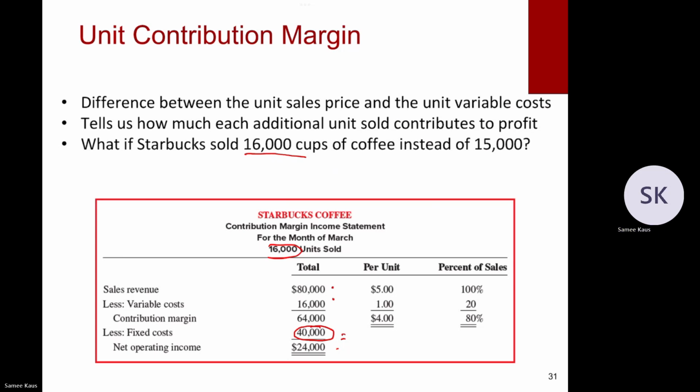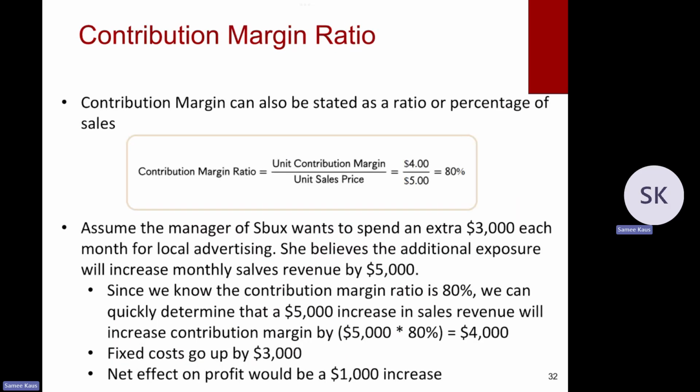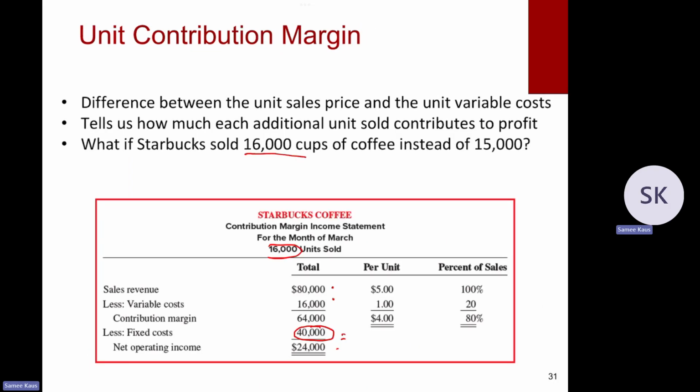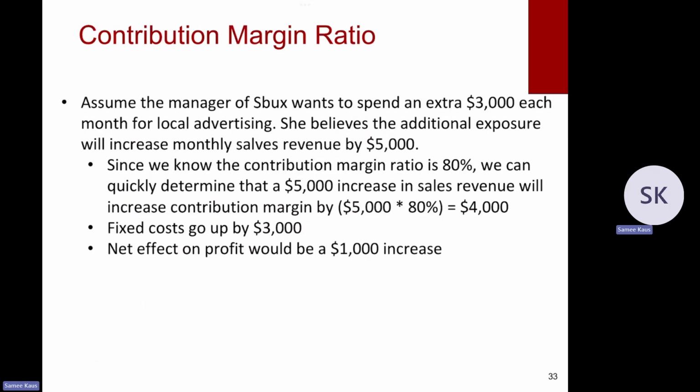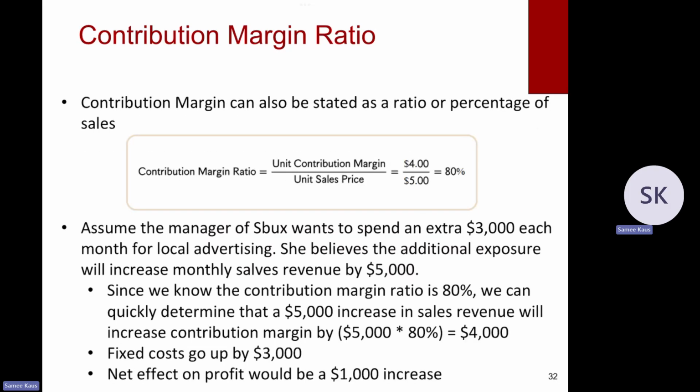The other thing we can look at is the contribution margin ratio. We'll roll with this. For the contribution margin ratio, I divide my unit contribution margin by my sales price.